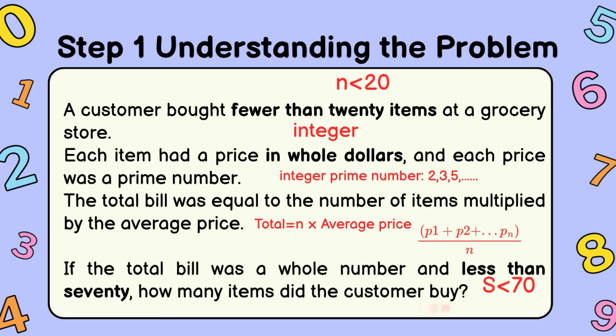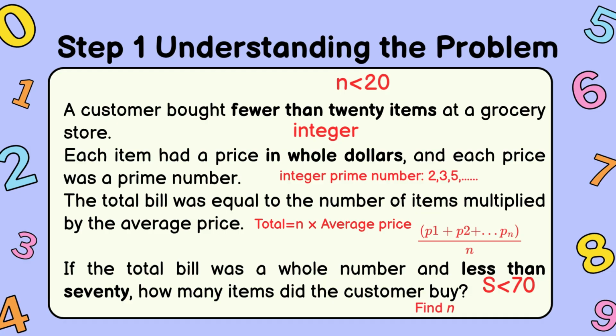Now, have a look at the first sentence: the customer bought fewer than 20 items. Fewer than 20 means it is less than 20 and cannot equal 20. We use the variable n to represent the items the customer bought, so we can write n less than 20.